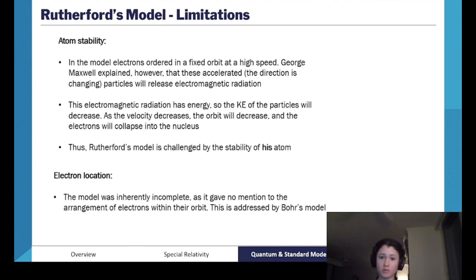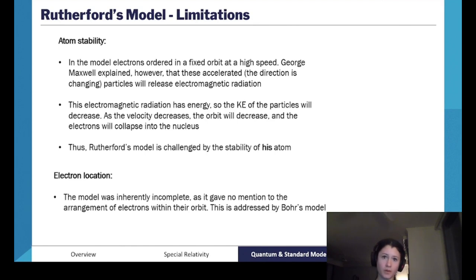As a result, they're going to collapse into the nucleus. So Rutherford's model predicted that our electrons would be spiraling in towards the nucleus constantly, and all of the atoms around us would be super unstable, which isn't really what we observe, right?